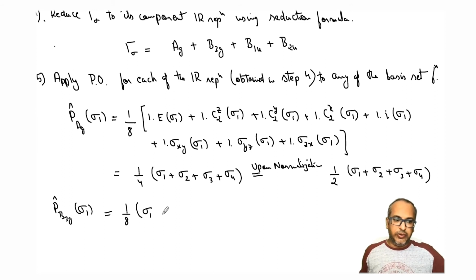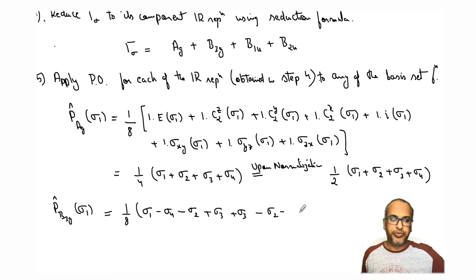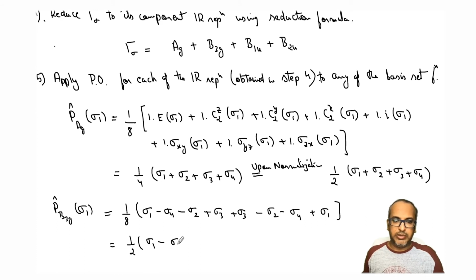So now if I do this, I will get sigma 1 minus sigma 4 minus sigma 2 plus sigma 3 plus sigma 3 minus sigma 2 minus sigma 4 plus sigma 1, okay? So again, after normalization and cancellation, what you will get is 1 by 2 (sigma 1 minus sigma 2 plus sigma 3 minus sigma 4), okay?